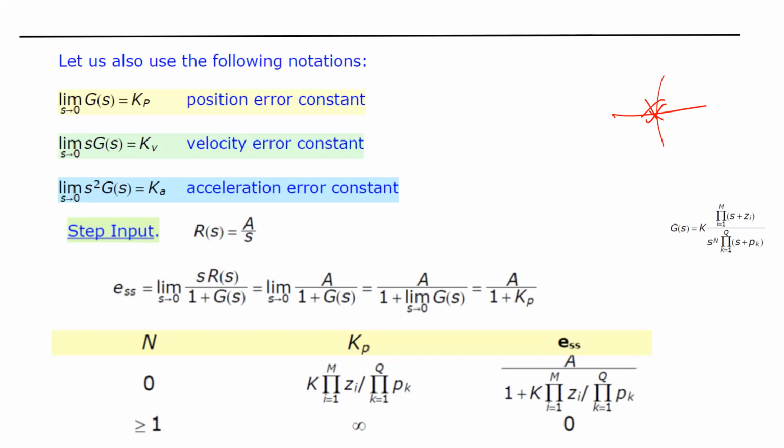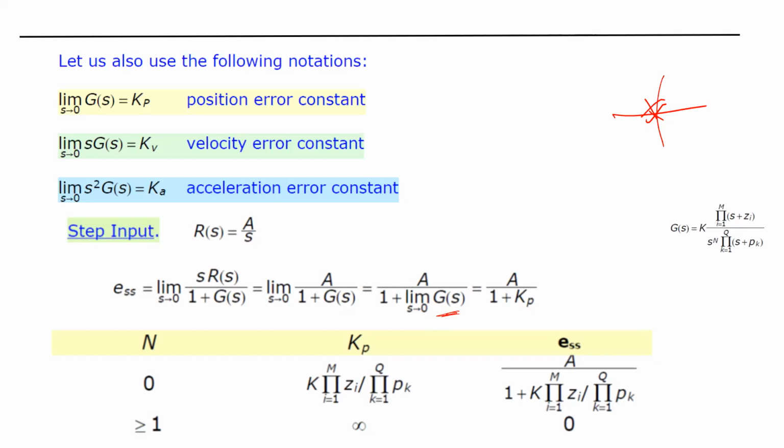Go directly: substitute in here. This is your G of S. Don't even think about Kp, just put this one here. If your system is of type 0, I'm going to have a certain error. Kp is just a constant being used, but ultimately what's important to us is the steady state error.